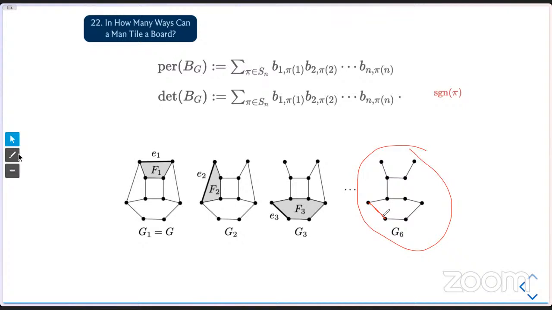And lemma B basically gave us a sufficient condition for a valid signing. We said that if you look at these cycles and they're properly signed, then we are good. So the point is that when you add back any one of these edges, they're going to basically complete one particular inner face, because at the time they were plucked out, the other face that they belonged to was the outer face, right?